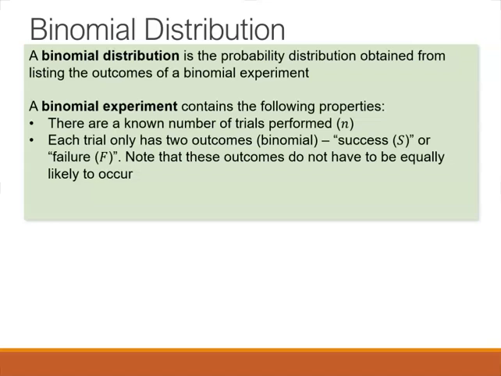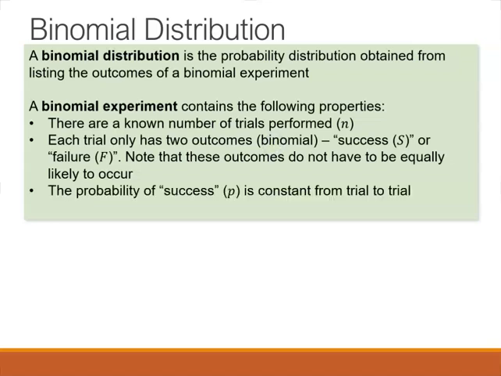Each trial has only two outcomes, success or failure. The outcomes do not have to be equally likely. They can have any kind of probability attached to them, although the probability of success and the probability of failure have to sum to 1. The probability of success is constant. All the trials are independent of one another, so the success of one trial doesn't depend on whether the previous trial was successful or not.